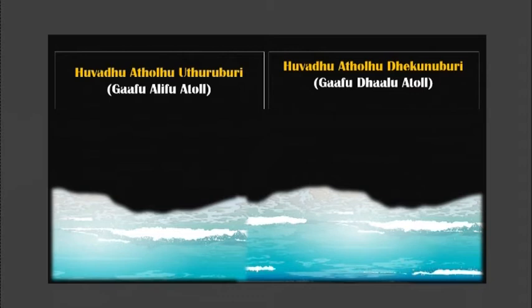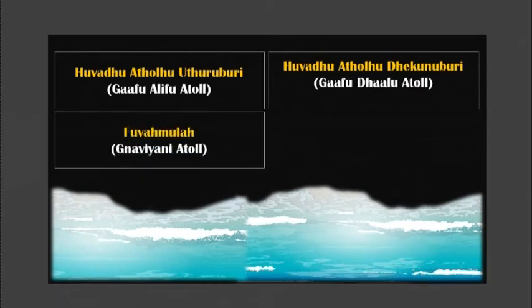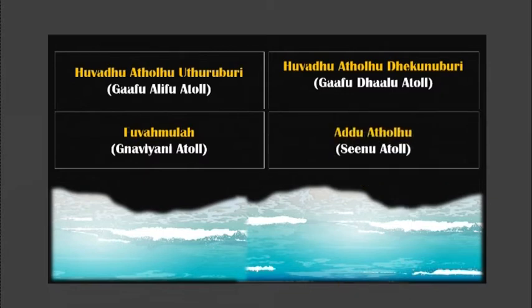And the official name of Navian Atoll is Fuamula. And Sin Atoll is known as Addu Atoll. And the official name of Sin Atoll is Addu Atoll.